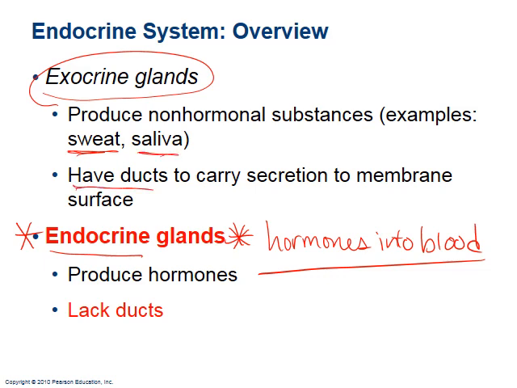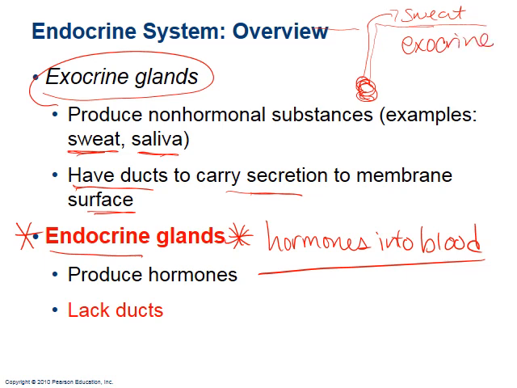They have ducts and they carry the secretion to the surface. So hopefully you remember your little knot of exocrine glands. Specifically, this one was your eccrine sweat gland. And then we had a tube, and that tube went up to the surface of our skin, and we're going to secrete sweat. And this is exocrine because it's leaving, right? It's leaving the body, exiting the body.